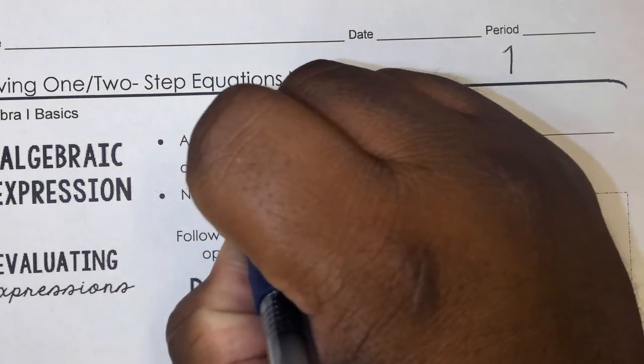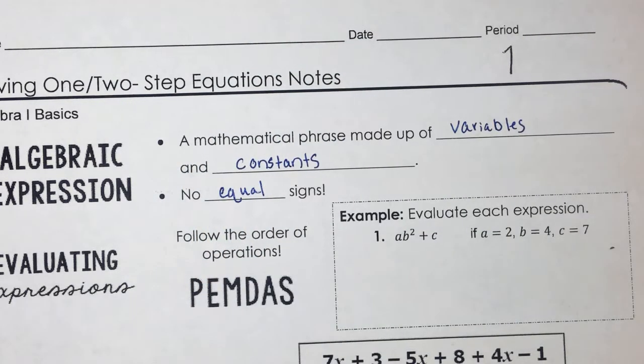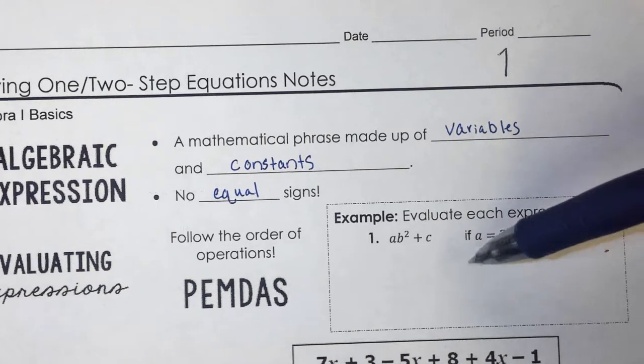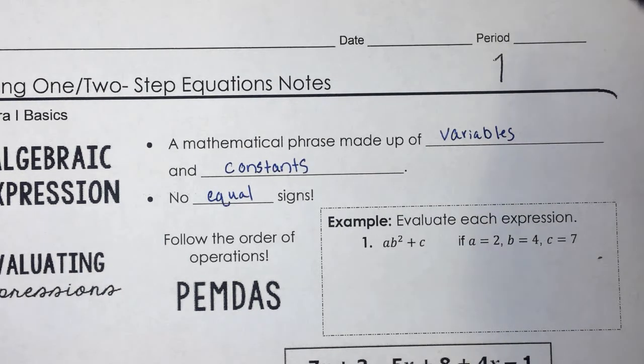That's the difference between an expression and an equation. Now, you can put two expressions together and put an equal sign in the middle, and then they become an equation. An expression is just, for example, something like that down here in this box: a times b squared plus c. That's an algebraic expression. It has no equal sign.